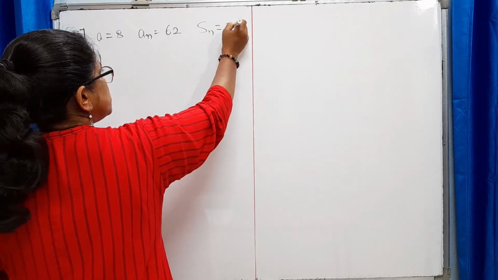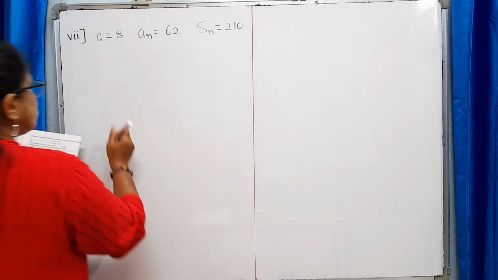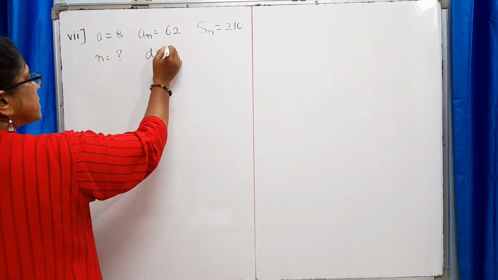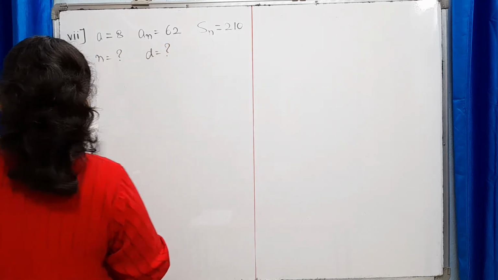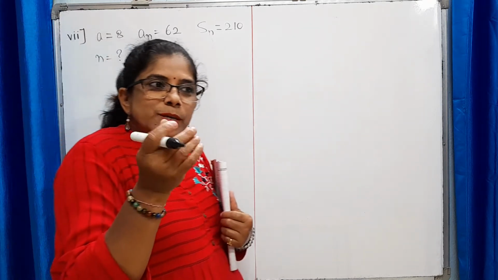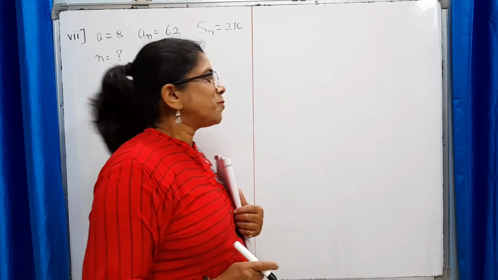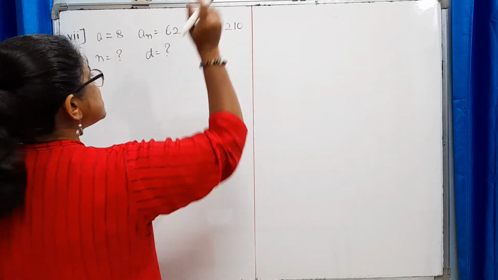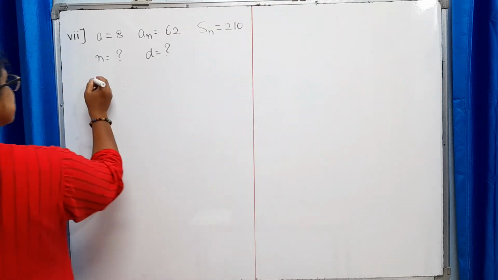Sn is equal to 210. And from this we have to find what is n and d. Okay, we will find. Now this is a little bit easier sum compared to our previous sum. Here we know the first term, the last term, so easily we can find the number of terms here.